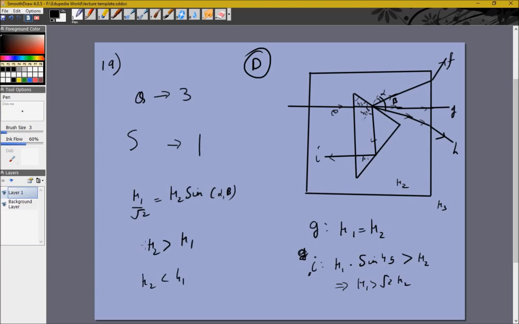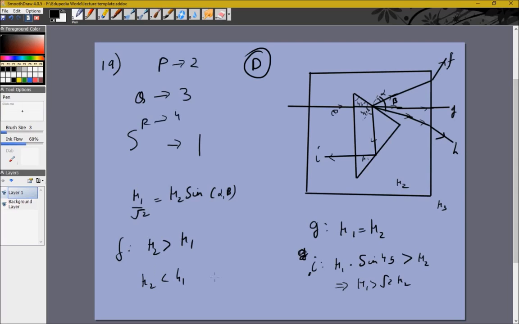Right, so this is sine alpha less than 1 by root 2, which means F. So F has mu2 greater than mu1, which means option 2. So P has option 2, which means R should have option 4.